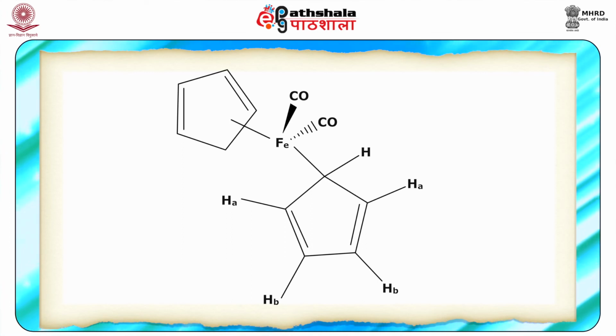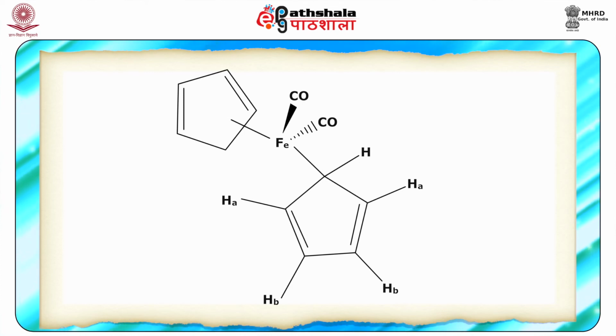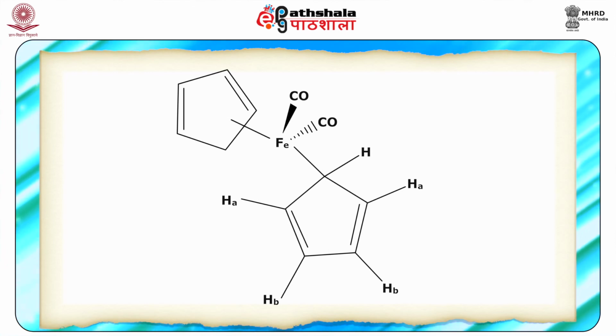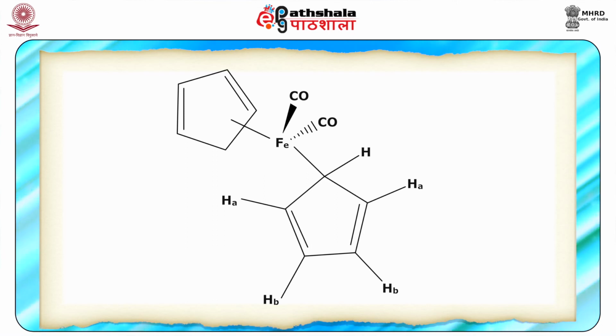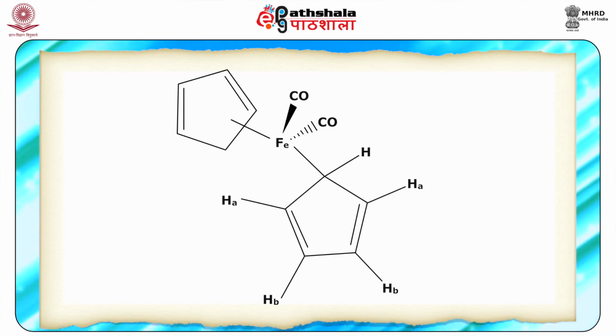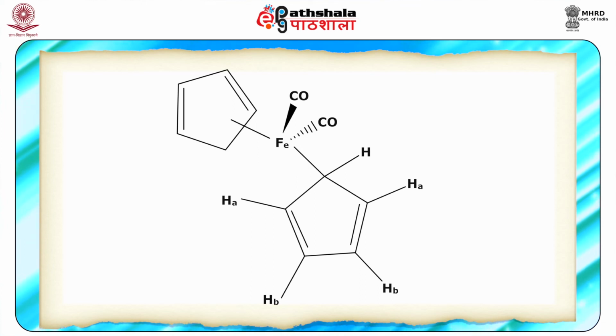In the molecule, there are 3 types of chemically non-equivalent protons. However, at 30 degrees Celsius, the 1H NMR spectrum shows only 2 peaks, one typical for the eta 5 C5H5 ring and the other assigned to eta 1 C5H5.